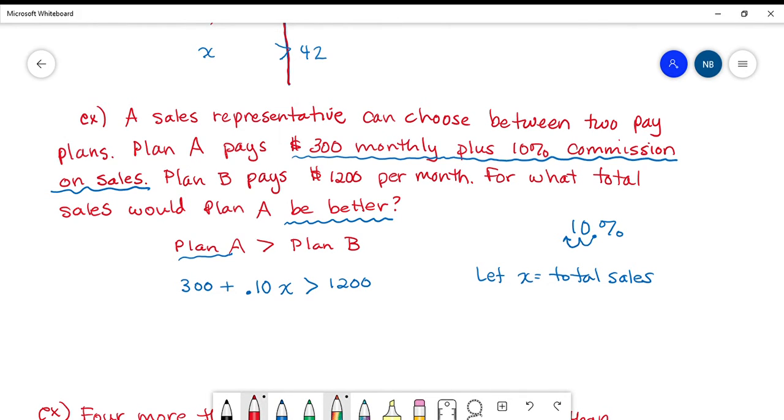To solve, we need to isolate the X. So we're first going to subtract 300 from both sides. 300 cancels on the left. We have 0.10x is greater than 900 on the right. Now we're going to divide by 0.10. Now why are we dividing?